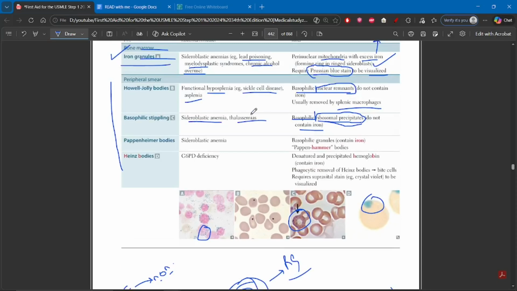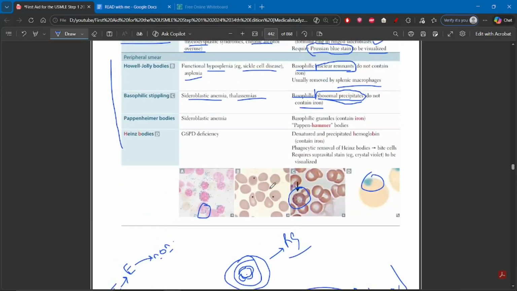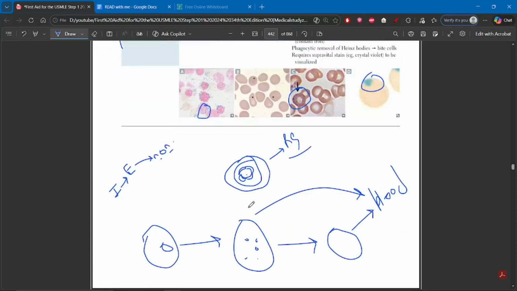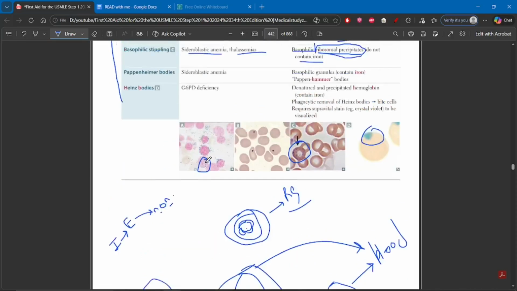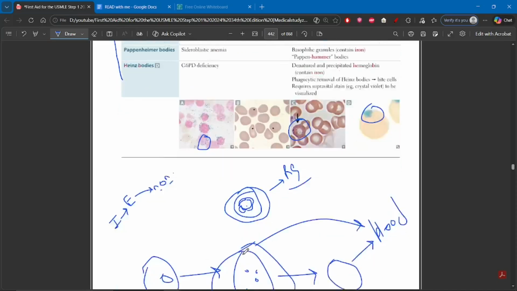That is why in thalassemias and sideroblastic anemias, you basically need more production of RBCs. Due to this fast production and rapid release, you sometimes release a lot of immature RBCs, in which you can get basophilic stippling, right? So in both of these conditions, the patient needs a lot of cells to compensate for the deficit. That is why you can see this.